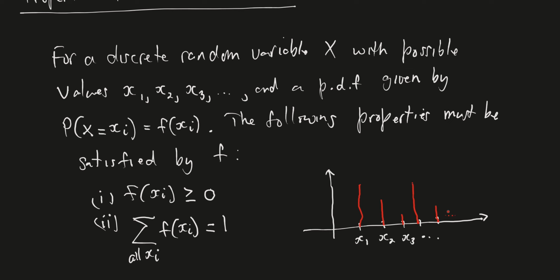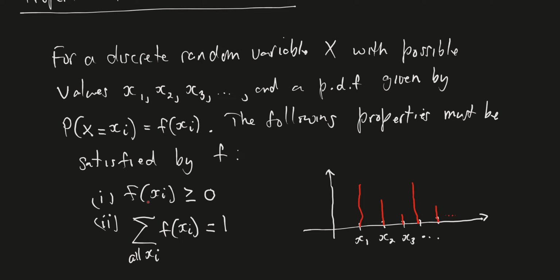And then it could possibly go on. So basically, what these two properties are saying is that the vertical line segments are always going to be in this either first or second quadrant. Let's say your x values could possibly be negative, and you could have some of those vertical lines on this side as well. But they would always reflect positive probabilities. So they would always be above the horizontal axis, like on or above, right?